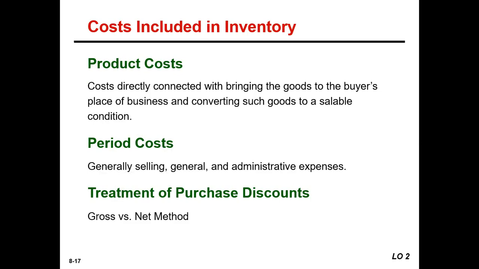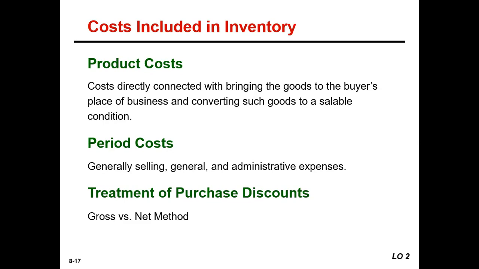Whereas the product cost for a manufacturer include the materials, the labor, the overhead, right? Because they're converting raw materials to a finished good. So product costs are different, whether it's manufacturer or merchandiser, right? Hopefully we understand the difference, right? Merchandiser, they purchase goods and then resell them. So those are their product costs, right?